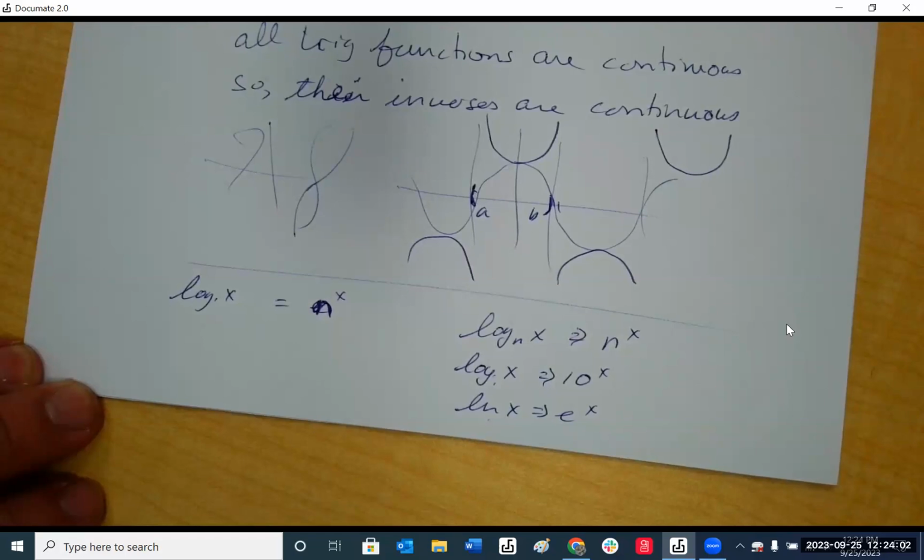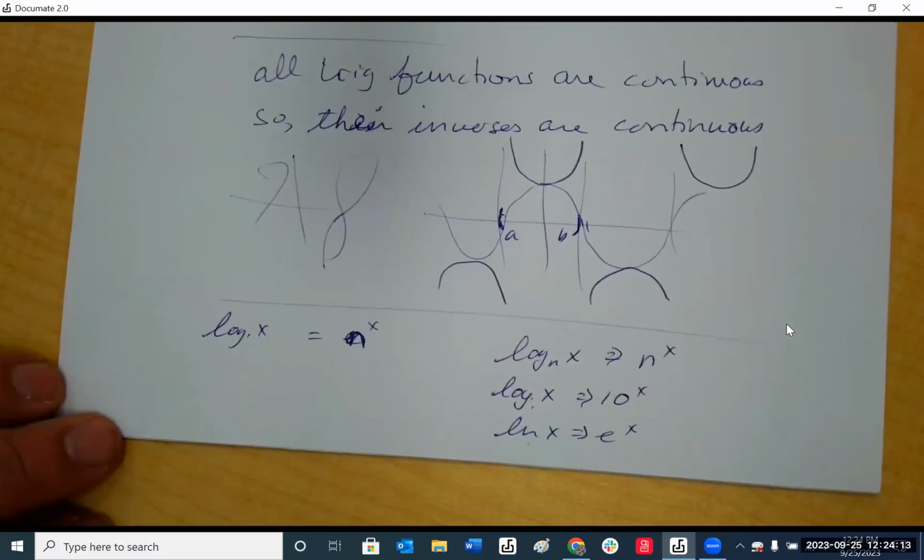I know it is continuous, but finding out how to describe it is the problem. If f and g are both continuous, then the composite function of f and g has to be continuous.